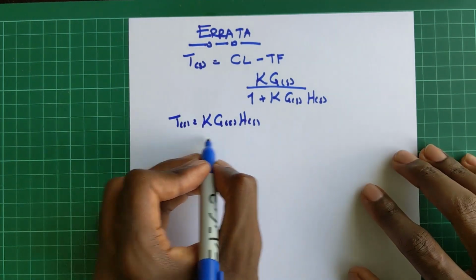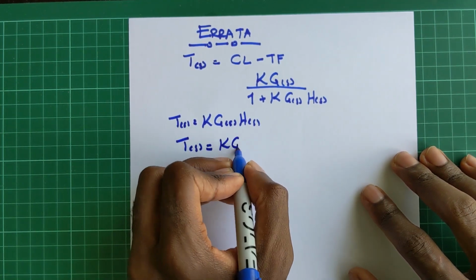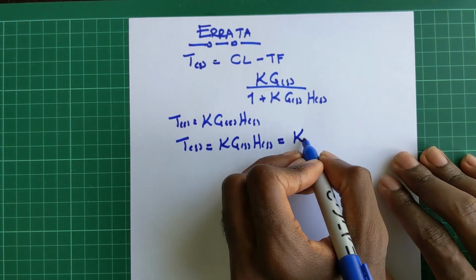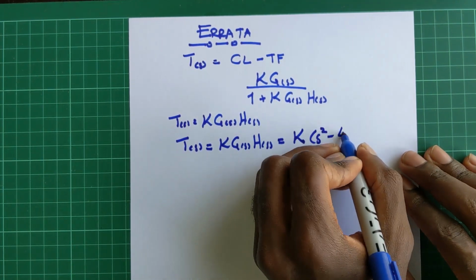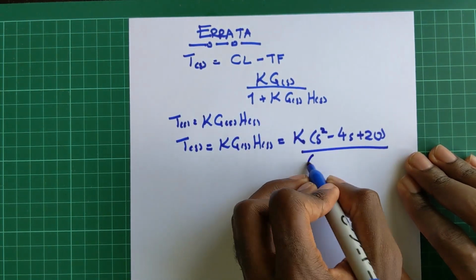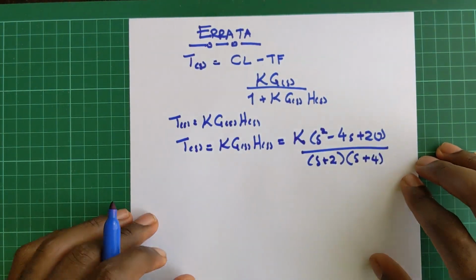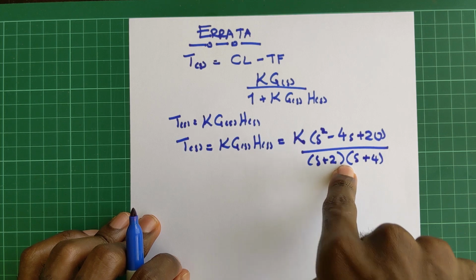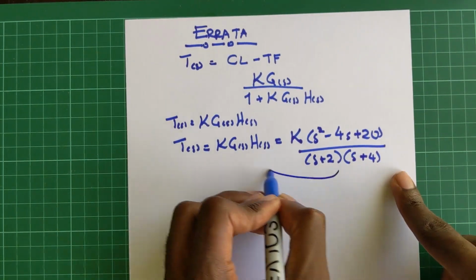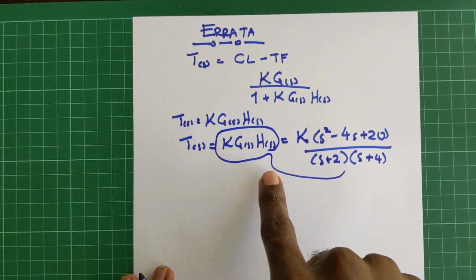So just to be clear, this T(s) is kG(s)H(s), which I am going to give as k(s squared minus 4s plus 20) all over (s plus 2)(s plus 4). So this transfer function is not the closed loop transfer function. This transfer function is just basically the gain multiplied by the open loop transfer function multiplied by H(s).